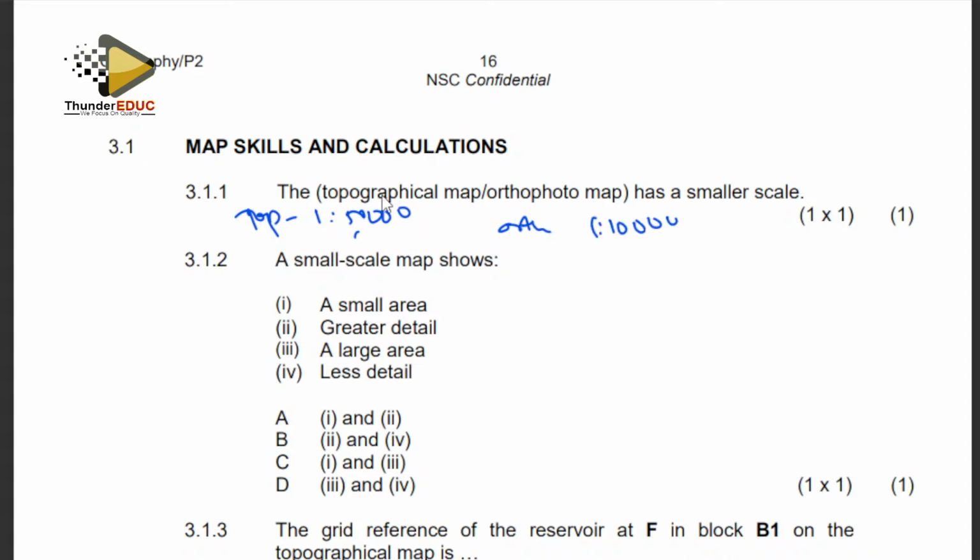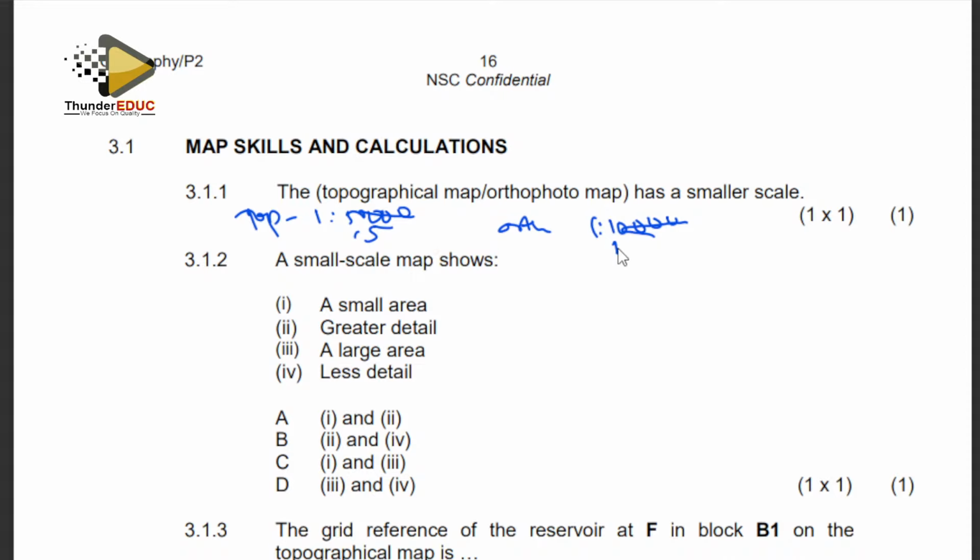But when you look at this, the number indicates how many times the map can be reduced or enlarged. So when you look at this, 5 and 1, in your own understanding, 5 is bigger, 1 is smaller.